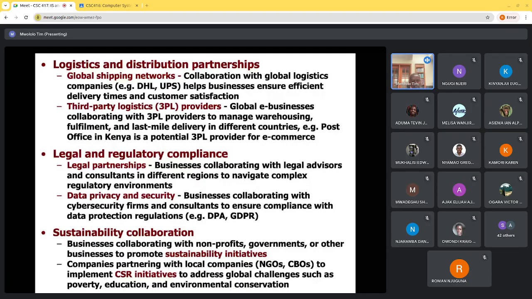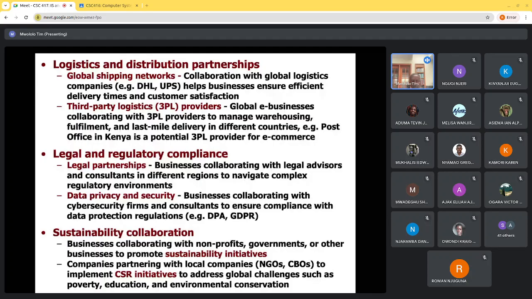Legal and regulatory compliance. There are many partnerships, collaborating with legal advisors. Like, for example, with our Data Protection Act and GDPR in Europe, there are many legal companies that have come up to occupy that space where they ensure that you can comply with the data protection regulations.